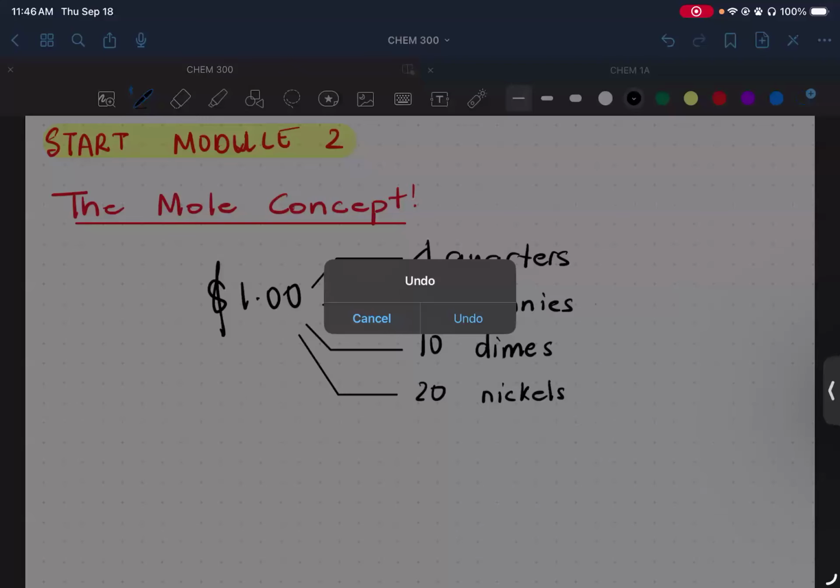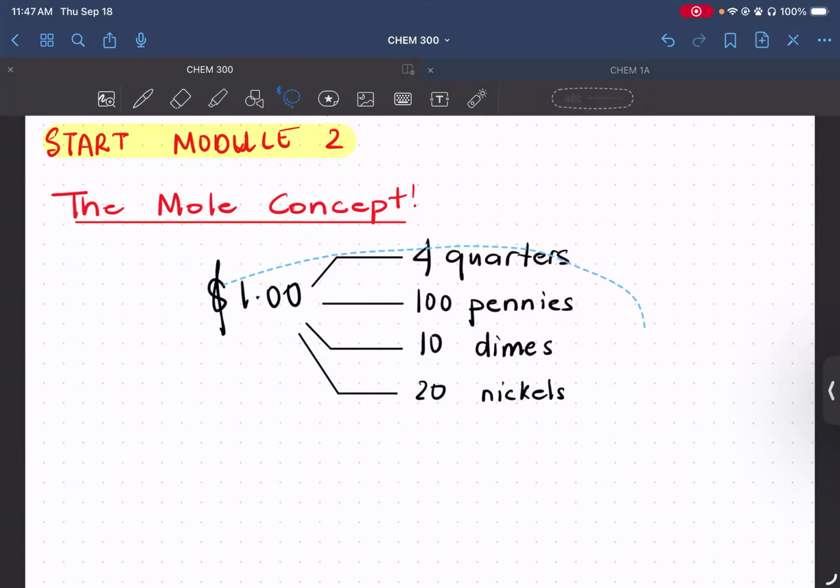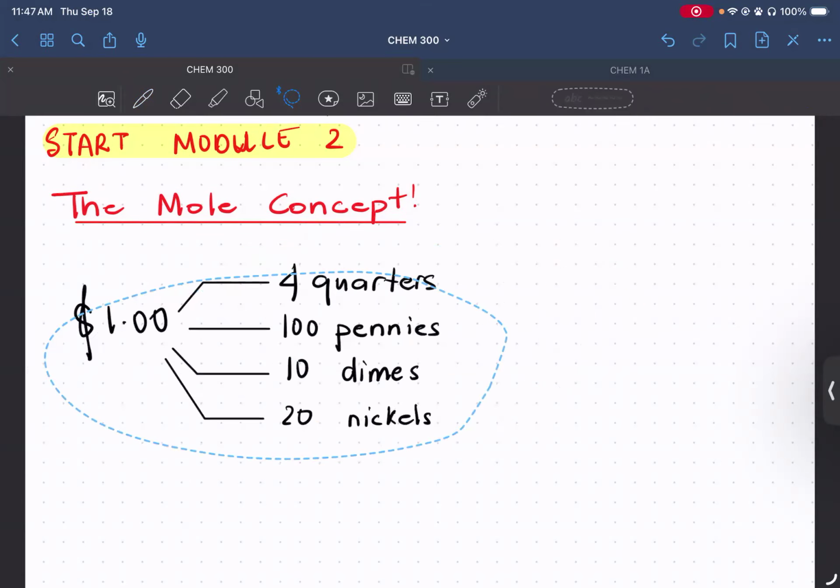Sure, there are some contexts. If you've ever been to a laundromat, they probably say, yeah, it's 3 quarters. That's based on the context. But pretty much everyone uses the dollar to understand what we're talking about with currency. But that $1 also means 4 different things: quarters, pennies, nickels, and dimes. In the same way, I want you to think about the mole.